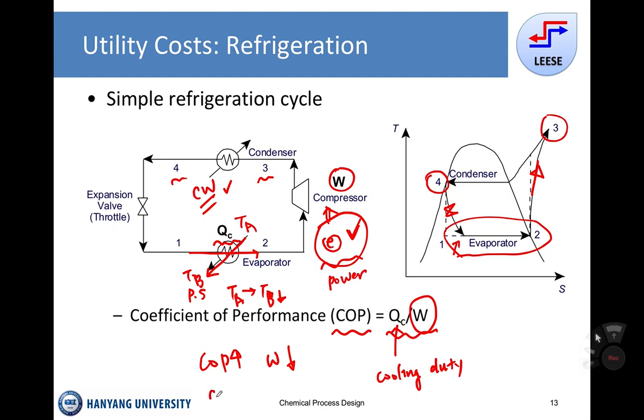If COP is low, the power requirement is high, so the cycle is not effective. That is the indication of how we use the COP for comparing different refrigeration cycles. So COP is a measure of the energy efficiency.